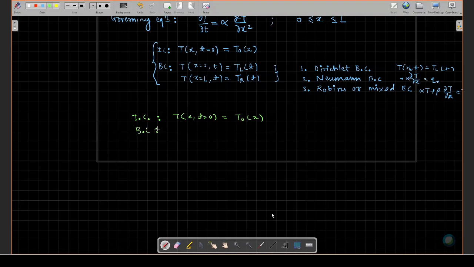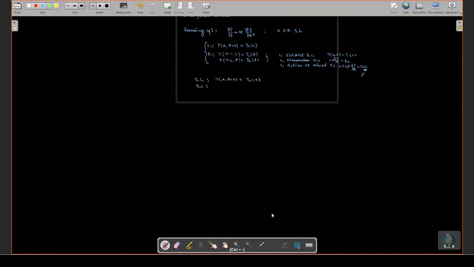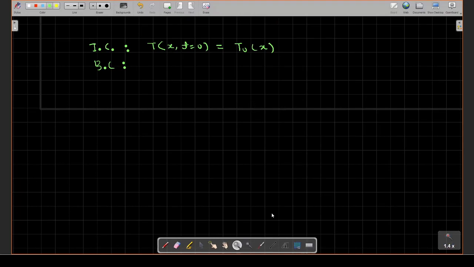And the boundary conditions, we'll take one boundary condition at x equals 0, comma t. Let us say that boundary condition is T L as a function of time, and we'll take another boundary condition at right.